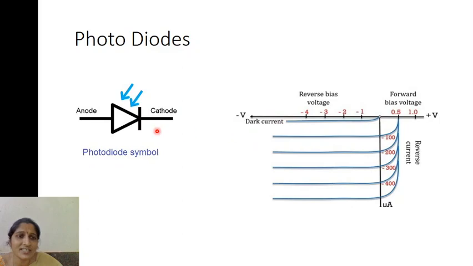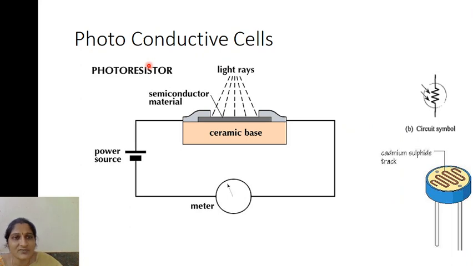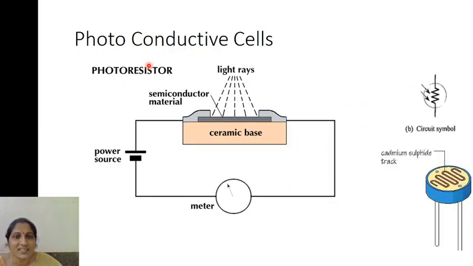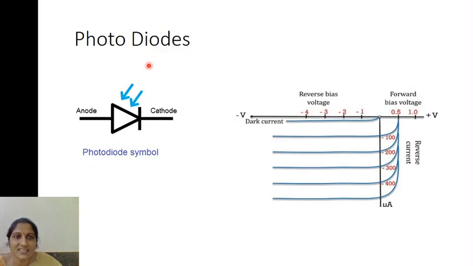If the diode is reverse biased, this photodiode acts as a photoconductive cell also. So these are the different types of photodiodes, which convert light energy into electrical signals. These are different transducers based on light energy. Okay.